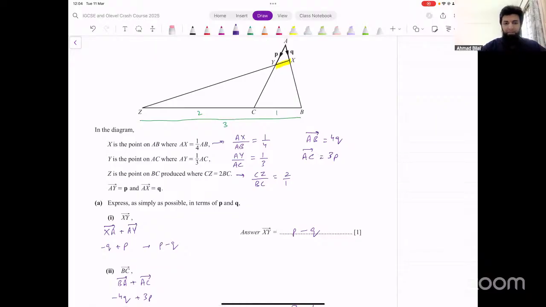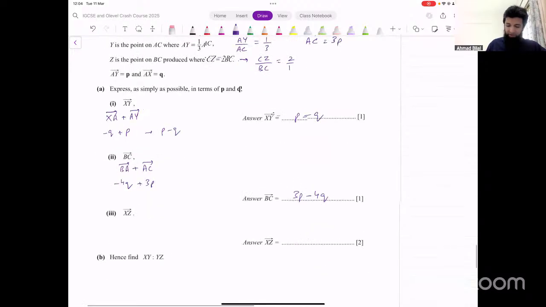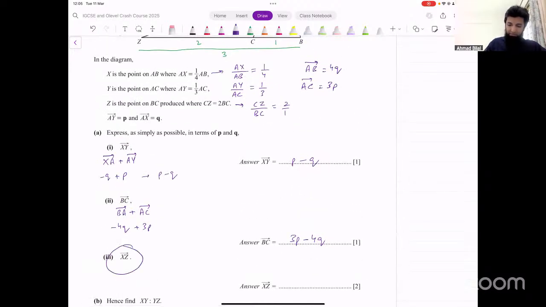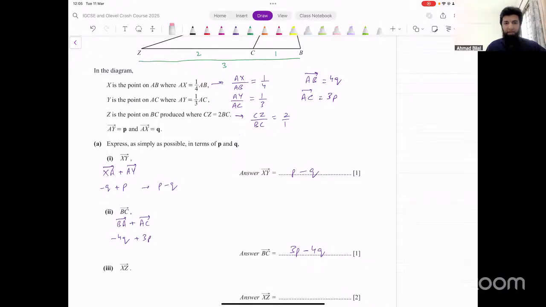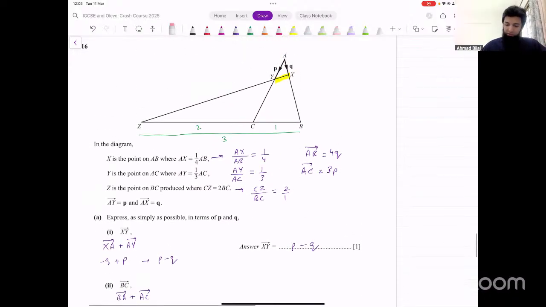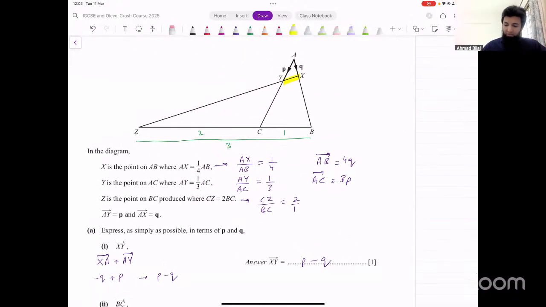All right. Now it says find the vector XZ. How do we think about this now? XZ vector. So we want to start from X now and end at Z. Now, what path can we follow in order to go from X to Z, on which we know the vectors?